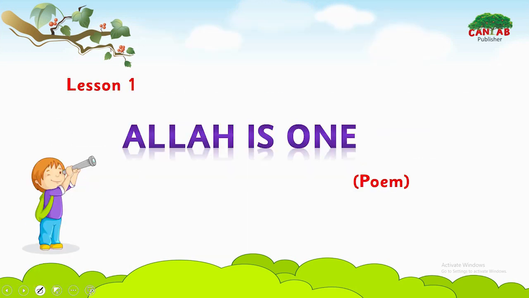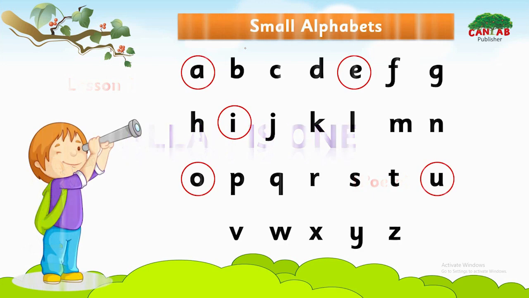So coming to the next slide, we are doing this for the purpose of lesson 1, that is Allah is One. But before going to start the poem, we are going to study the grammar portion, and this is the alphabets. Out of 26 alphabets, there are certain alphabets that are called what? Vowels.